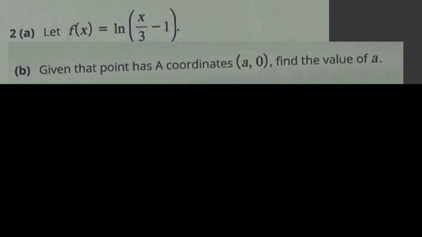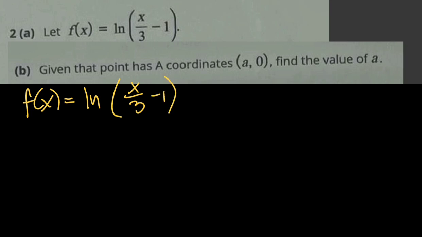And for question B of the same problem, the same function, given that point A has coordinates A, 0, find the value of A. So the same function f of x equals ln of x over 3 minus 1. And then given the point A with coordinates A, 0. So A here is the x value and 0 is the y value.